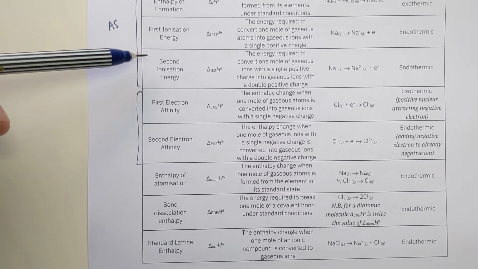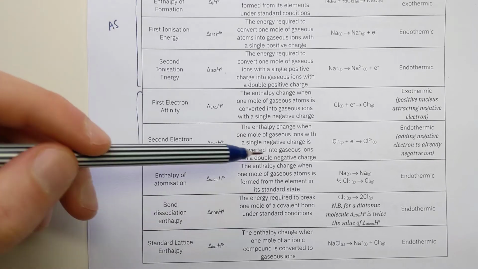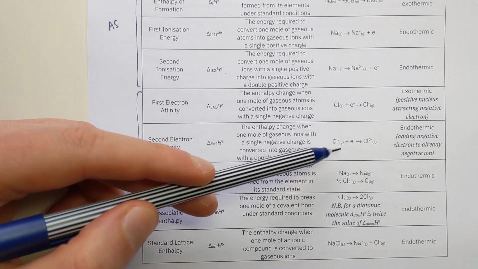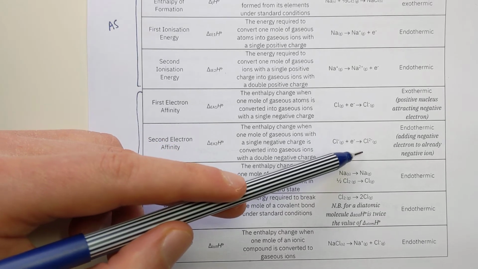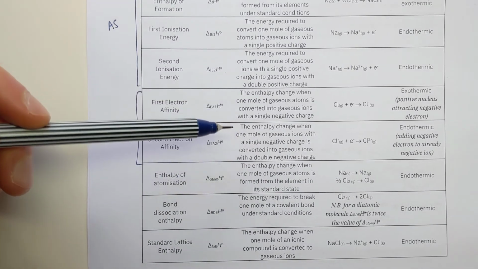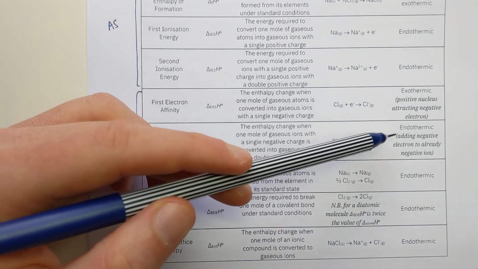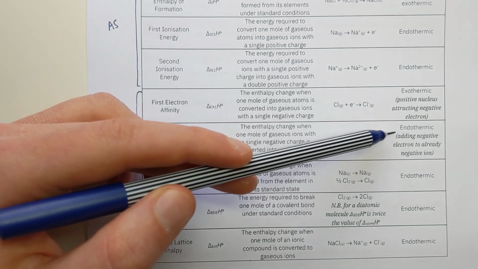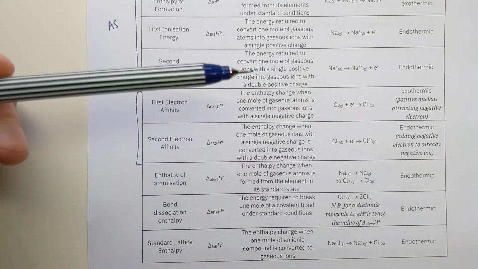In the same way we had the second ionization energy, where we're doing the ionization energy twice, we also have a second electron affinity. So if you're starting with a Cl- now, for example, you're adding a second electron to make it Cl2-. So the definition is pretty much the same, just it's changing a negative ion into a double negative ion. The one change that's important here is that that's now endothermic. So the first electron affinity tends to be exothermic because you're forming a new attraction.